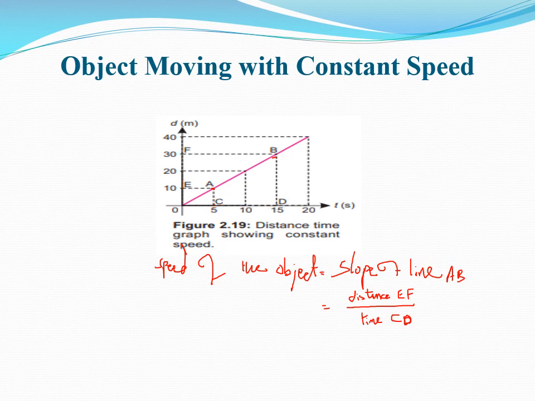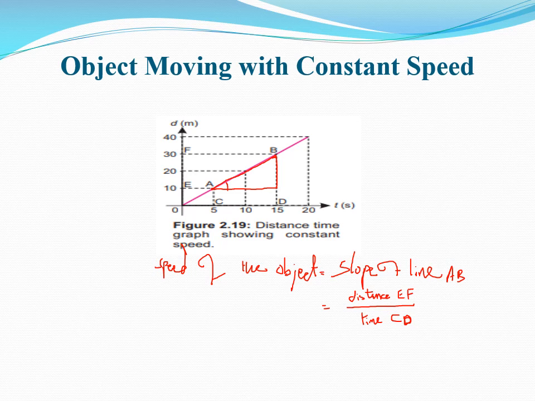You can also note that if I draw this horizontal line which meets C and D, parallel to the time axis, and move it like this, now it meets the points E and F. So here we see that a right triangle is formed.